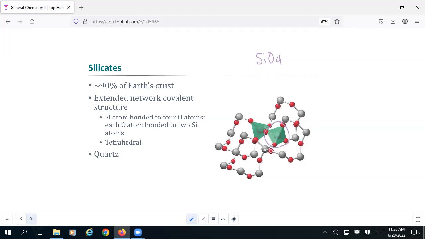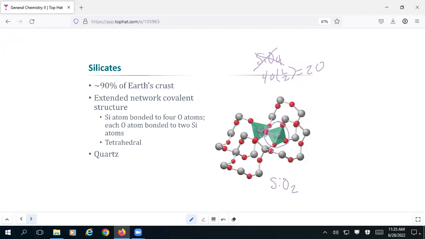Now, that's not to say that that is the actual formula of the silicates, because what we have to understand is that each one of these oxygens is bonded to 2 silicons. So it's not SiO4. Those 4 oxygens are shared. So it's really only 2 oxygens per silicon. It's SiO2.